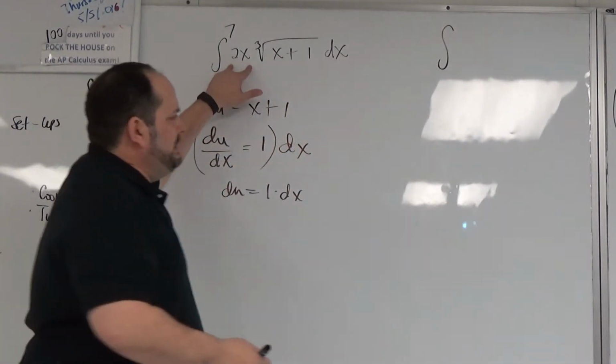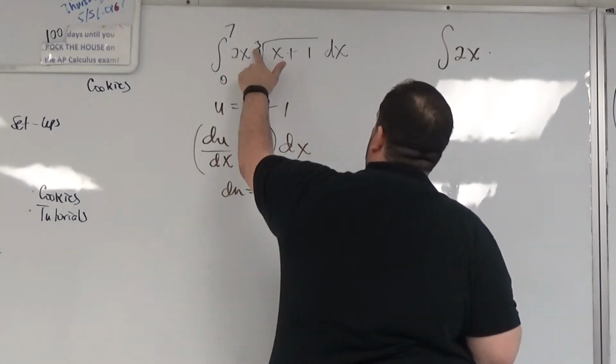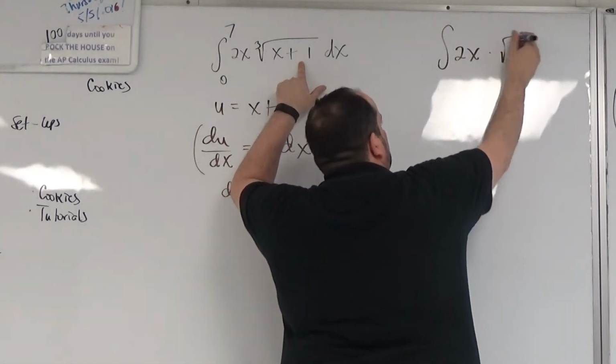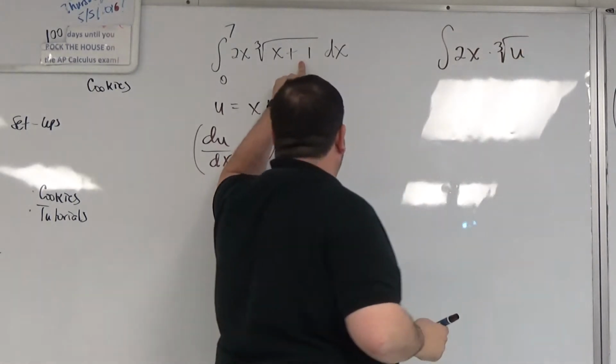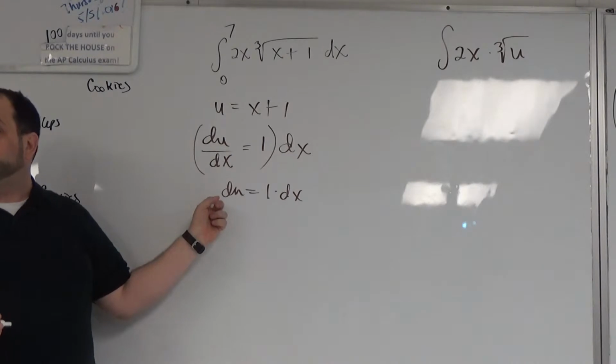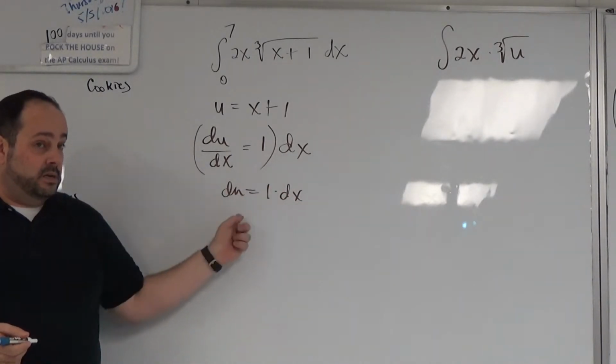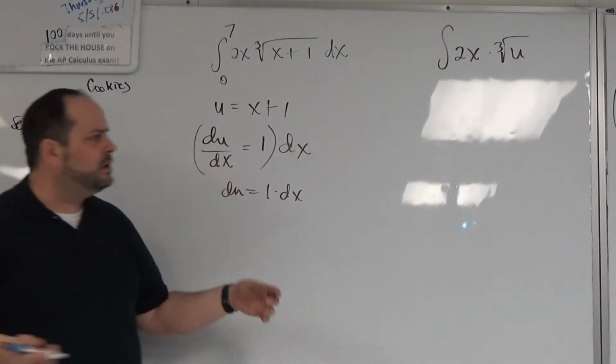Instead of cubed root of x plus 1, that's my cubed root of u. Instead of dx, if du is 1 times dx, then dx is really the same thing as du. We okay?